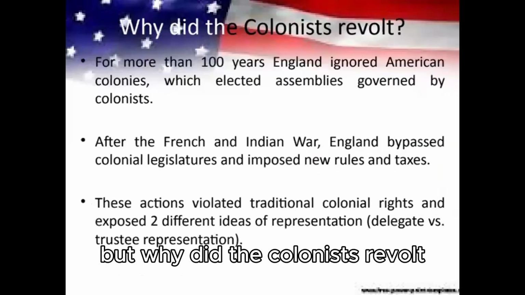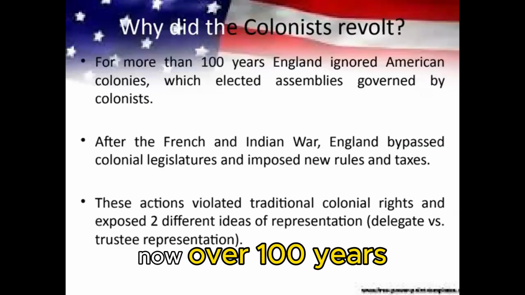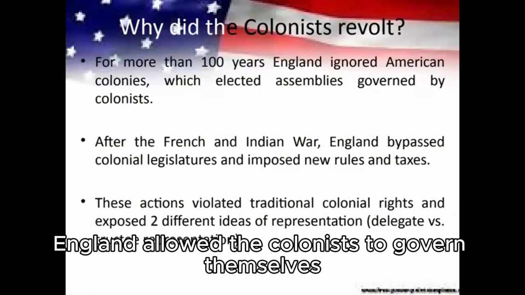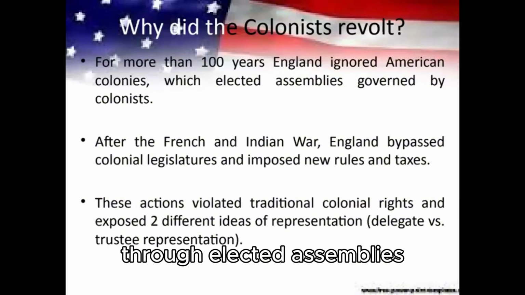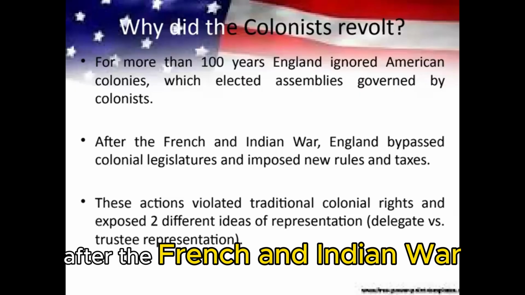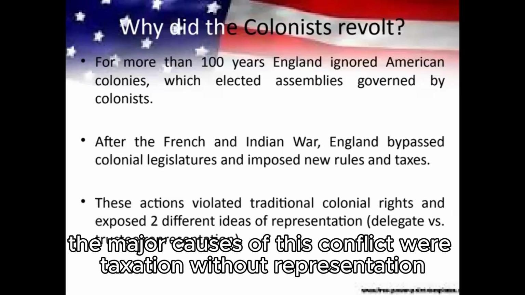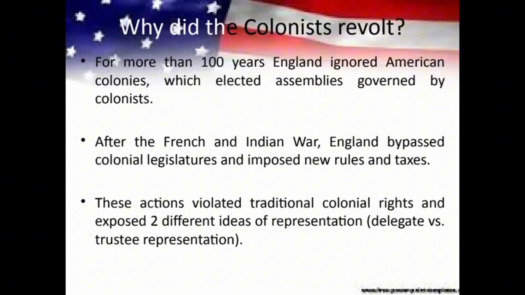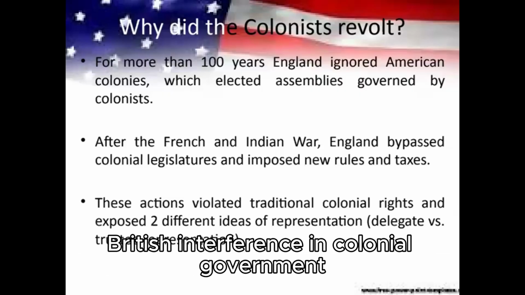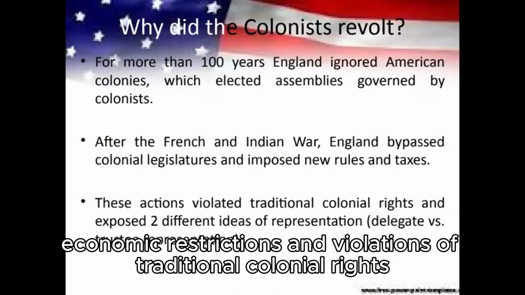But why did the colonists revolt? For over 100 years, England allowed the colonies to govern themselves through elected assemblies. After the French and Indian War, Britain imposed taxes and stricter controls without colonial consent. The major causes of this conflict were taxation without representation, British interference in colonial government, economic restrictions, and violations of traditional colonial rights.